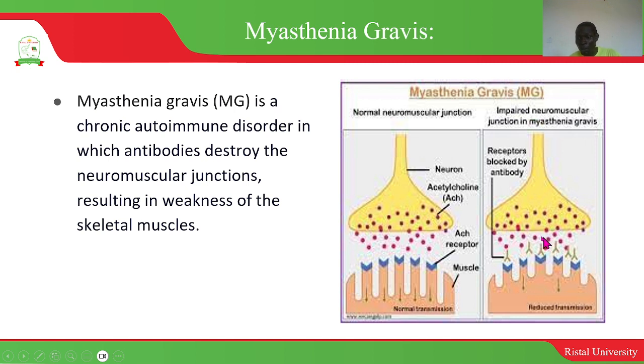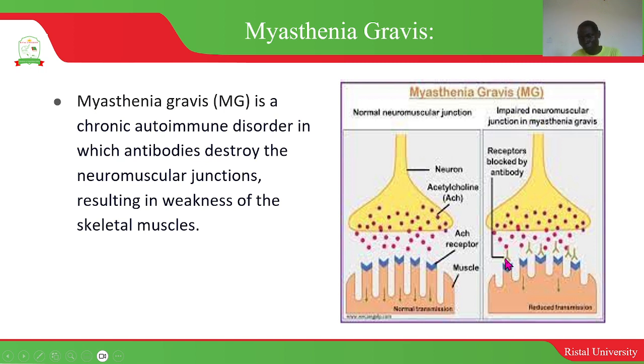We said it's an autoimmune disease, meaning that the antibodies react to damage the system itself. So here we have receptors that are blocked by the antibody. You see, we have our acetylcholine dots here, and then we have our receptors here at the side of the muscle, ready and waiting for acetylcholine to attach and induce signal actions. But what happens is that there are antibodies.